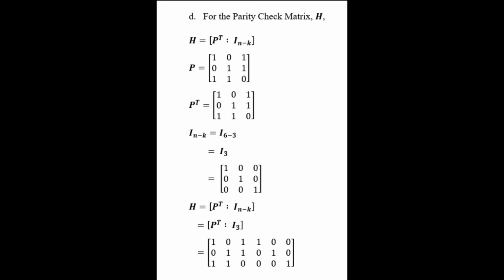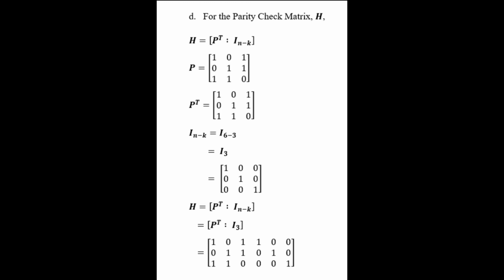Meanwhile, for the identity matrix of n minus k, since the generator matrix provided was a 3 times 6 matrix, n minus k equals 6 minus 3, which is 3. Therefore, the identity matrix has 3 rows with a diagonal of 1: 1 0 0 for the first row, 0 1 0 for the second row, and 0 0 1 for the third row.